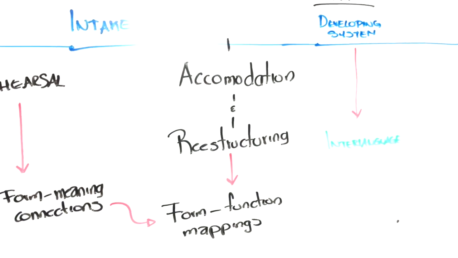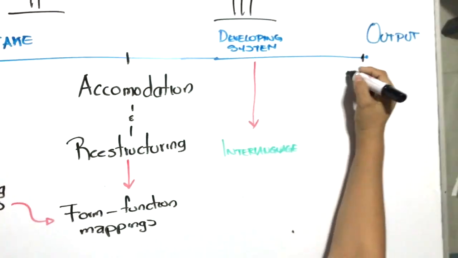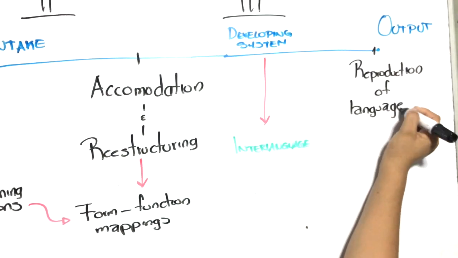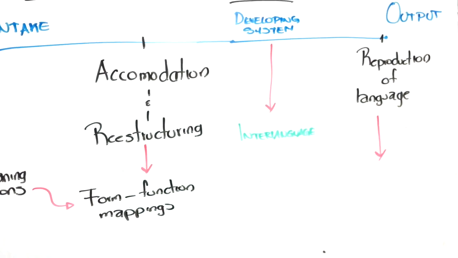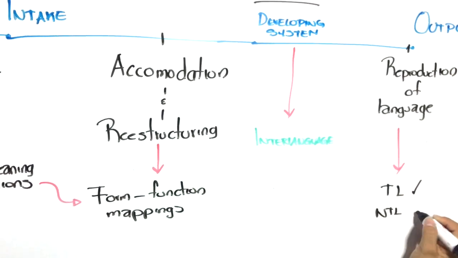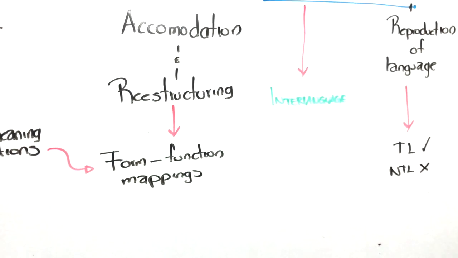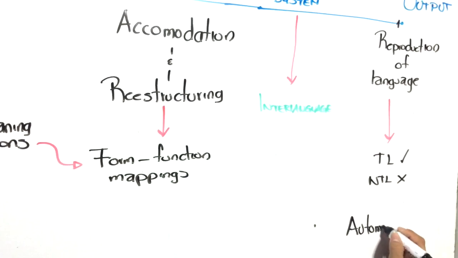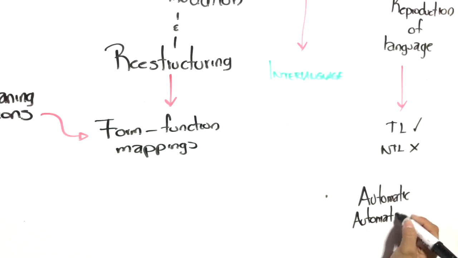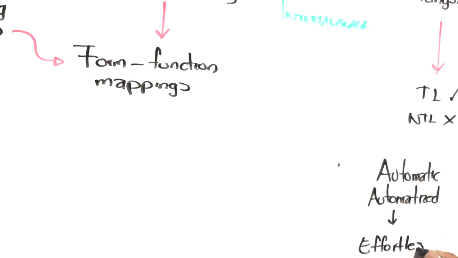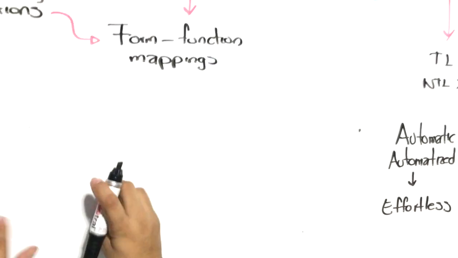So, all that is needed now is output. In this phase, we reproduce language and we may reproduce some target-like or non-target-like forms. These are automatic and automatized, which means that we can say them without thinking. In other words, effortless.